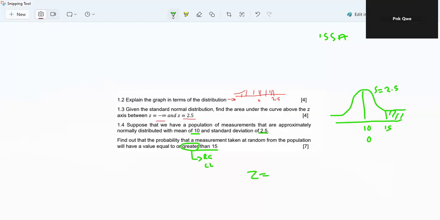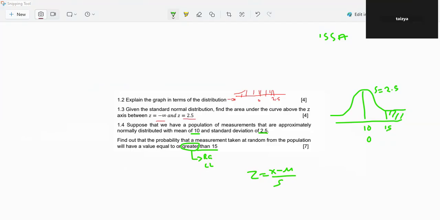What's the formula for standardization? It's x minus the mean, divided by the standard deviation. Do you remember this? Yes. So can you standardize that for me?